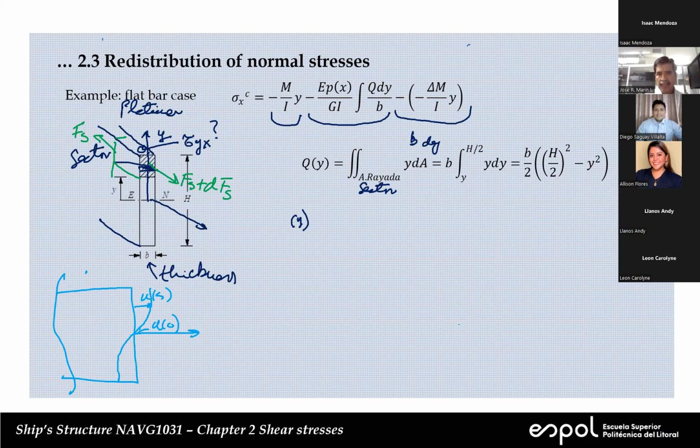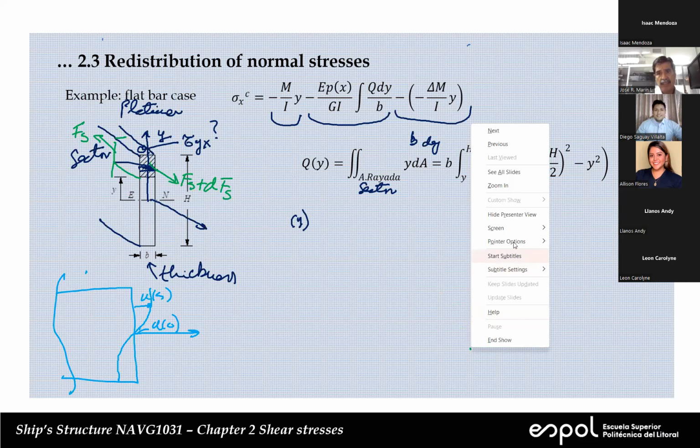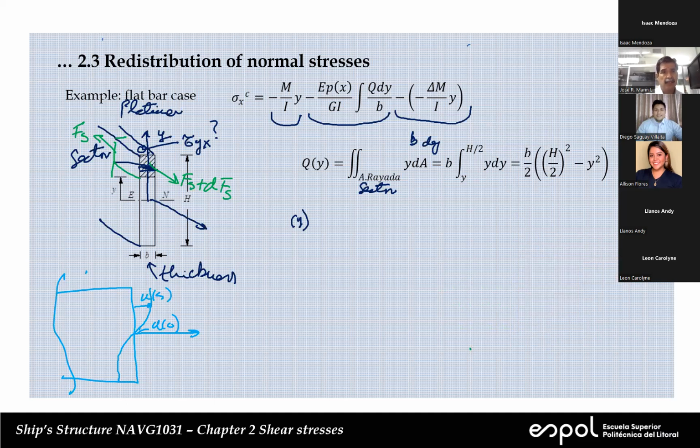So in this case, the sector starts at the point Y and ends at the top of the flat bar. So this is our sector. This is the first moment, and we have done this many times. This B, we have to be careful, because it is the width at the point where we do the cut.